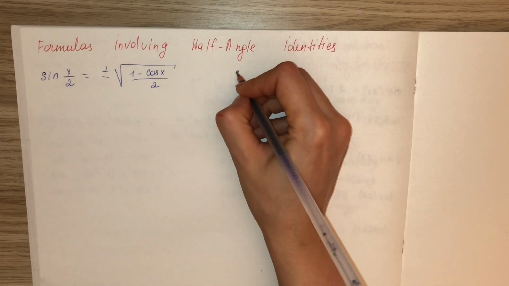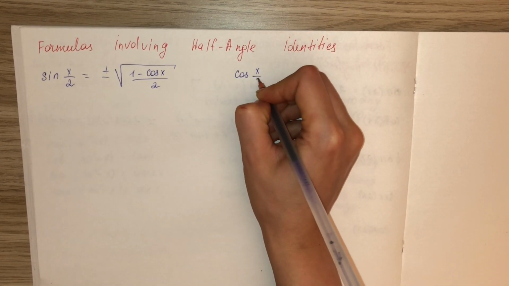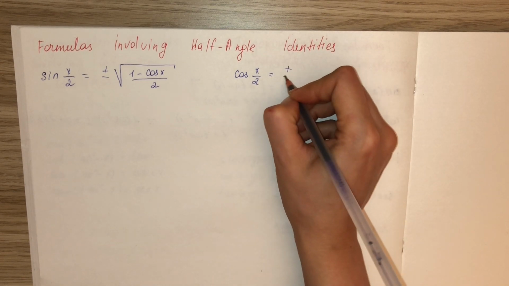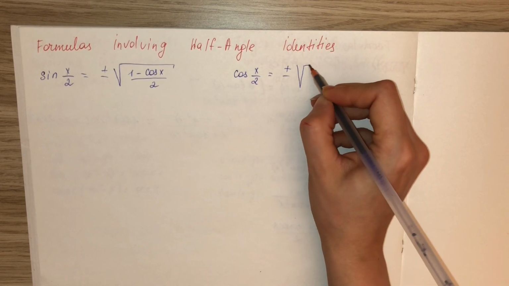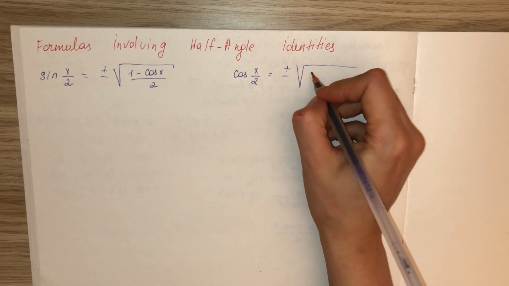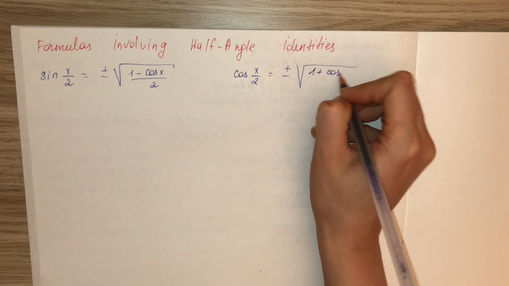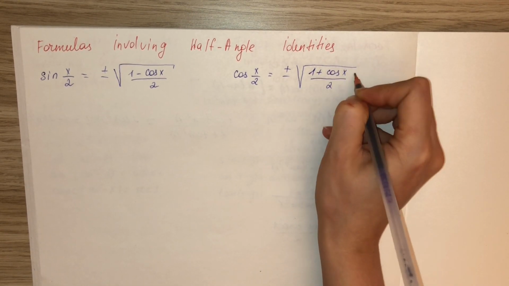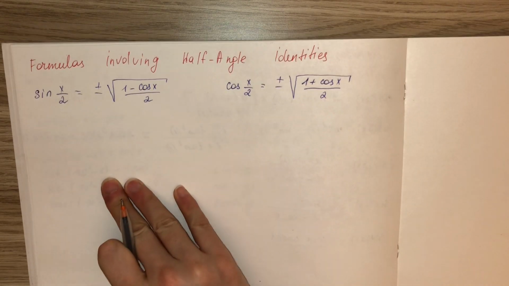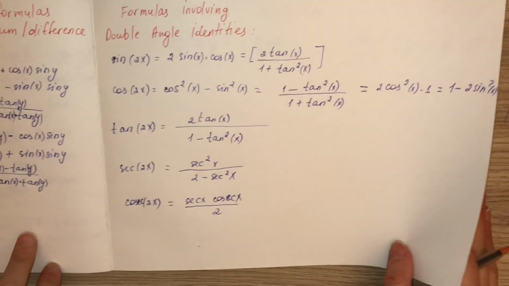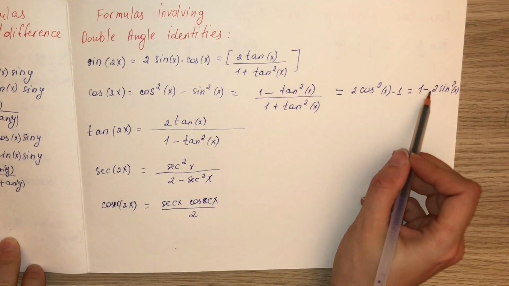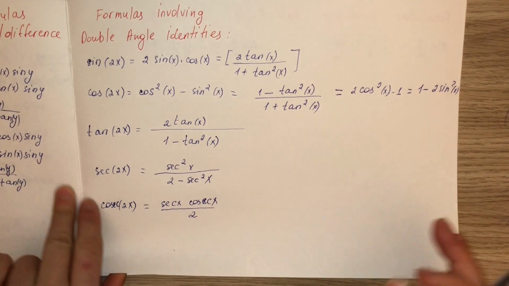What about cosine x over 2? It's equal to plus or minus the square root of 1 plus cosine x over 2. We get these formulas from those formulas. Okay, and let's continue.